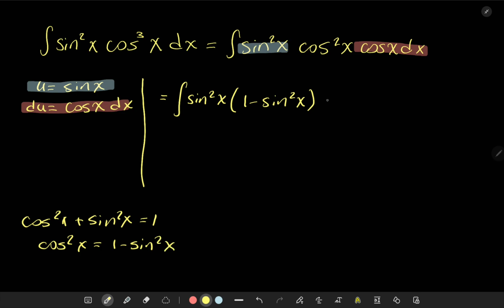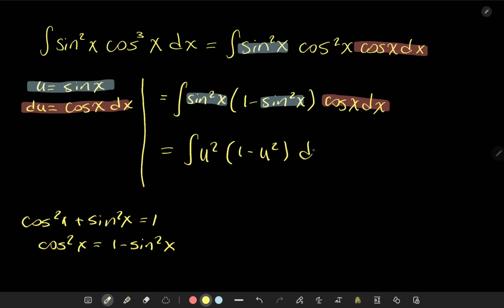With that, I can do my substitution quite conveniently, where my sines are here, and my cosine dx is going to be my du. So I can write that substitution in, and I get u squared times 1 minus u squared, and then du.